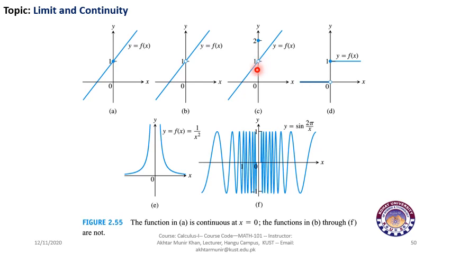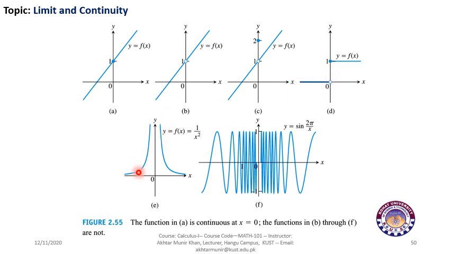And here the function is still discontinuous because there is an empty hole, and this is also discontinuous because there is a vertical gap, due to which the function lost its continuity.